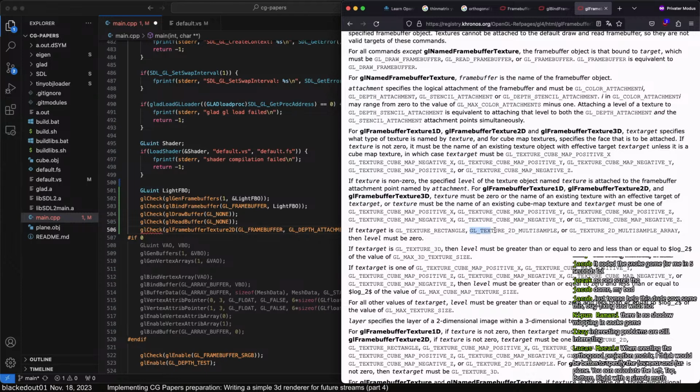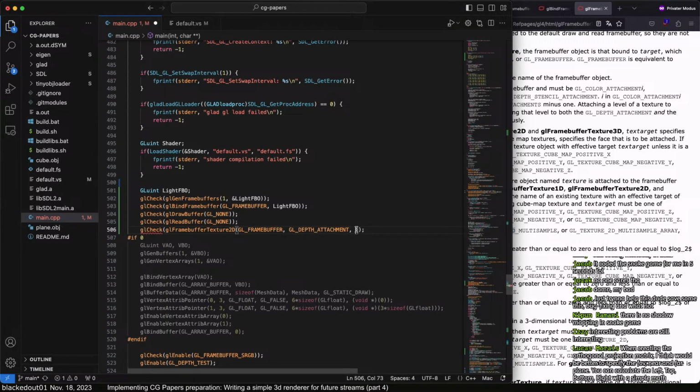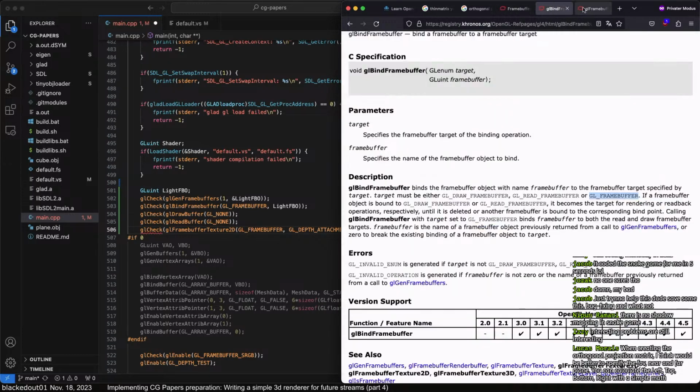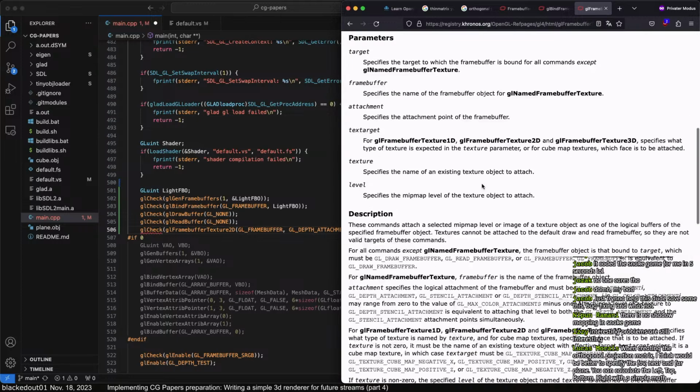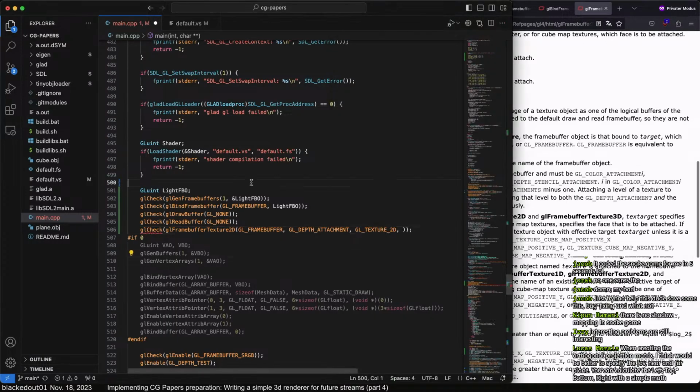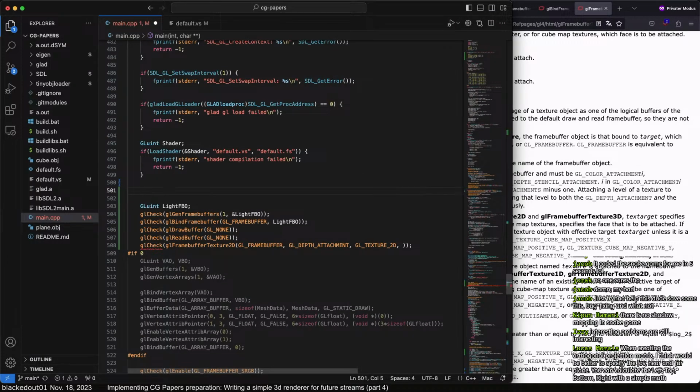I think it's just the 2D texture without any multi-sampling or something. And the next parameter is the texture itself. So we haven't created the texture. That's what we have to do too.